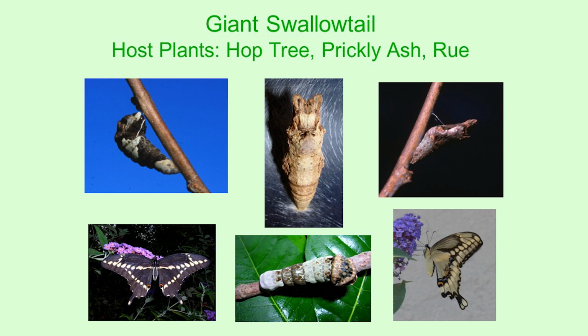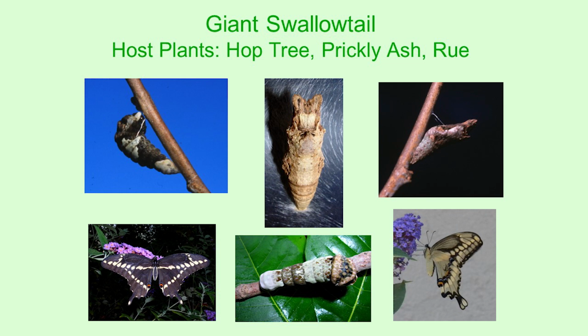I'll go over some of the different butterfly life stages. This here is the giant swallowtail. Host plants are hop tree, prickly ash, or rue. Now, most people could probably accommodate a hop tree in their yard, but they probably would not want to plant a prickly ash because it has a tendency to spread and form thickets, and then they're very prickly.